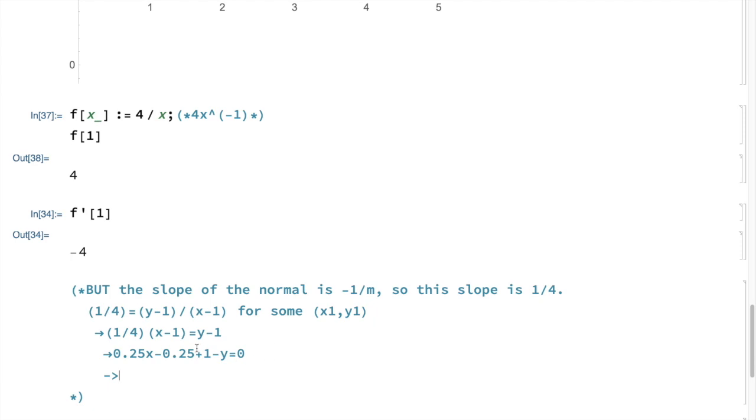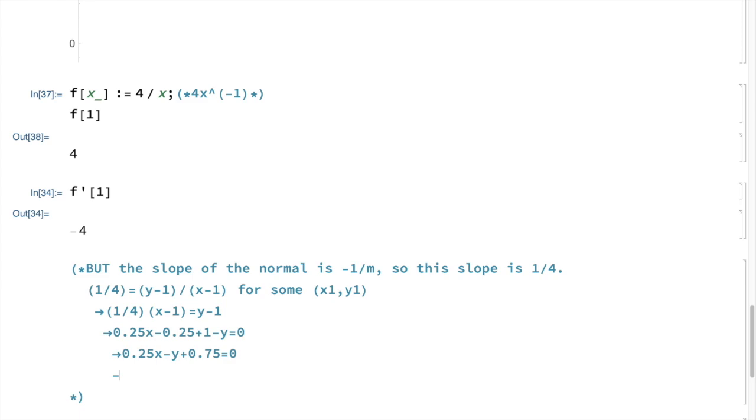So let's combine like terms and get everything looking nice and neat. So this will be 0.25x minus y, and this will be plus 0.75 is equal to 0. And it looks like all I got to do is multiply by 4 again. So if I do that, I should get x minus 4y plus 3 is equal to 0.